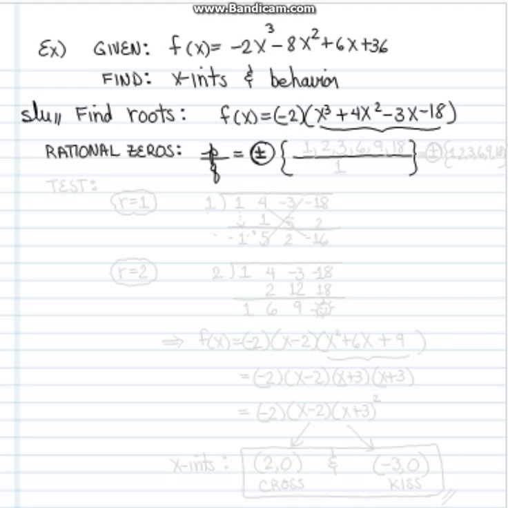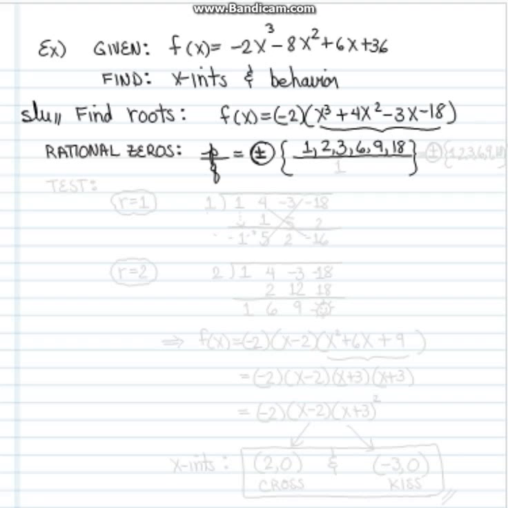So the factors of 18 would be plus or minus, which is in the front, 1, and then we have 2, 3, not 4, because 4 times any whole number can't give you 18. Same with 5, not 5, but we do have 6, and then we jump all the way to 9, and finally we go to 18.